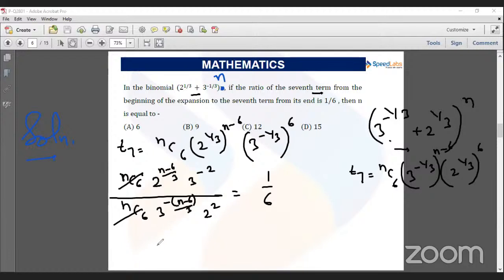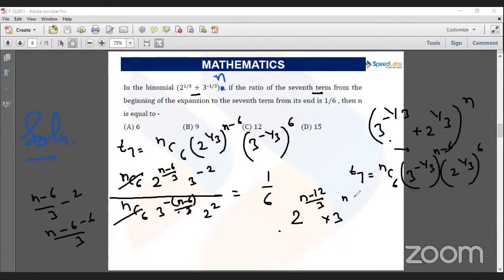So the power of 2 that will come here will be n by 3 minus 2, so n by 3 minus 4 or n minus 12 by 3. And the power of 3 that comes below, if I take it up, the 3 power will be minus 2 plus n minus 6 by 3, and the power coming up becomes plus, so it will be n minus 6 by 3 minus 2, which is n minus 12 by 3.